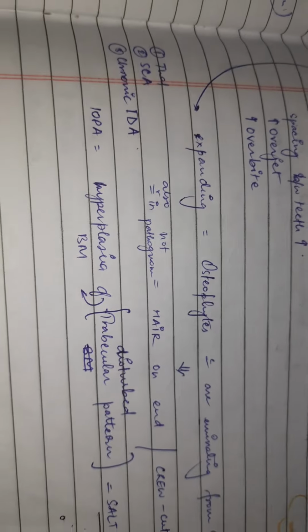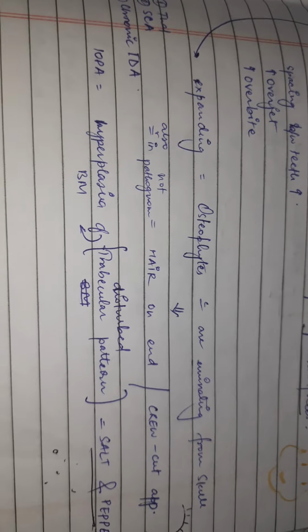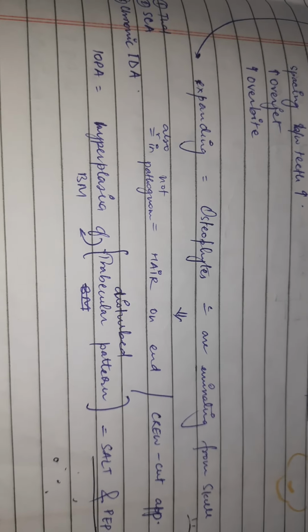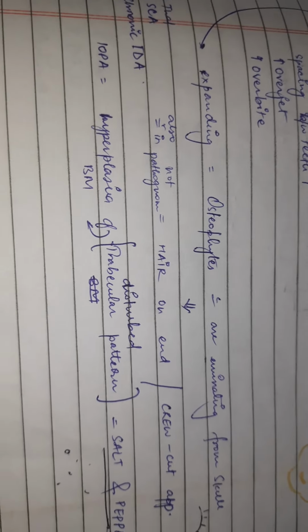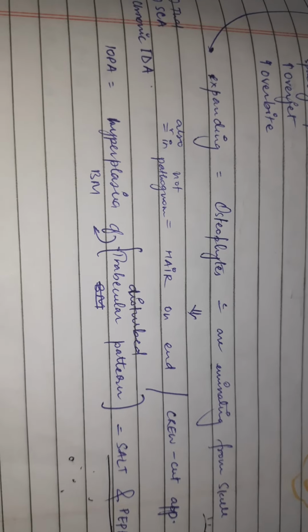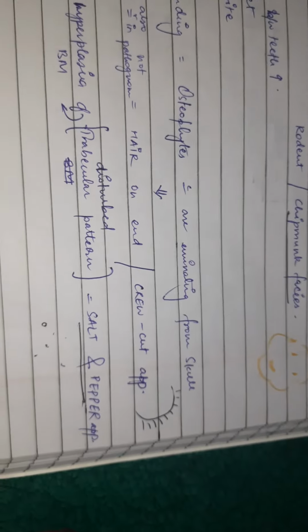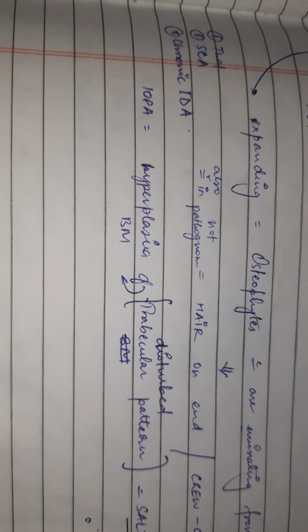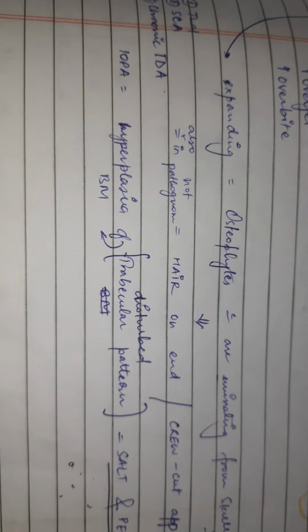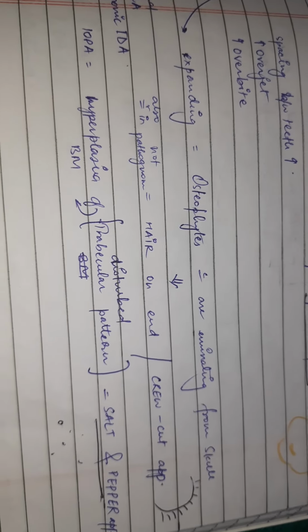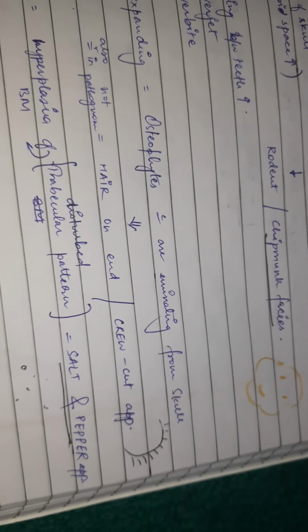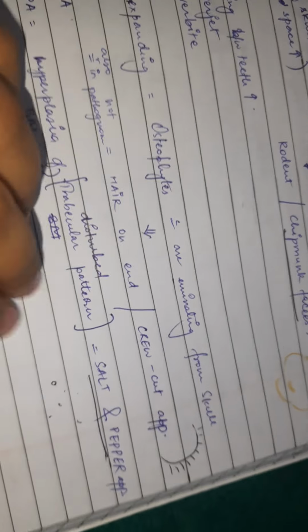Then the IOPA will show hyperplasia of bone marrow, a disturbed trabecular pattern, giving a salt and pepper appearance.